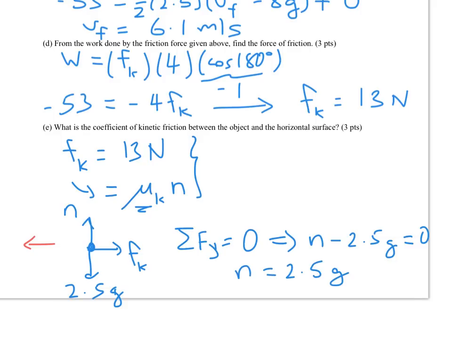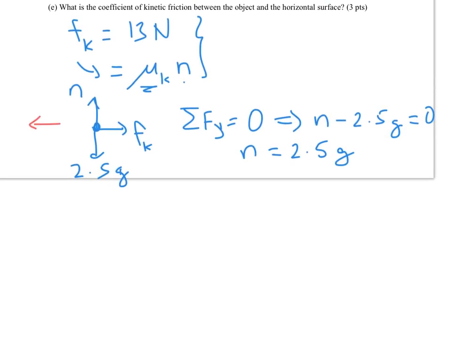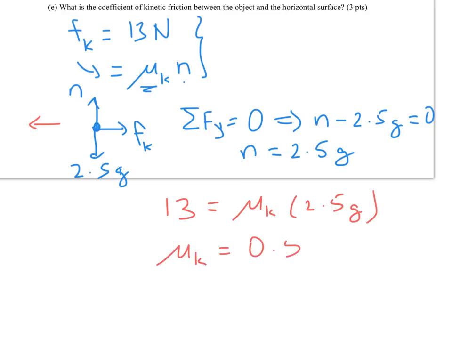So you can now put this into this equation. Let me write it in red, to create more space. So what you have is 13 equals mu sub k times 2.5 g, and mu sub k you can solve this out to give you something like 0.53.